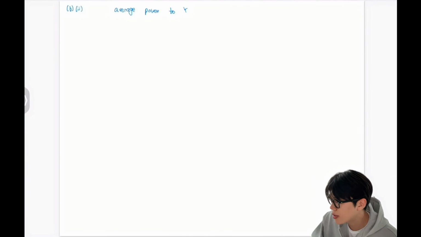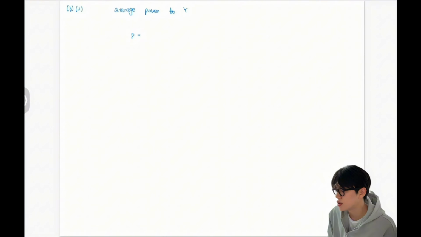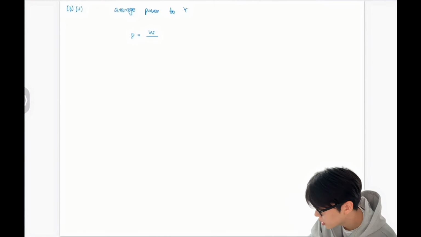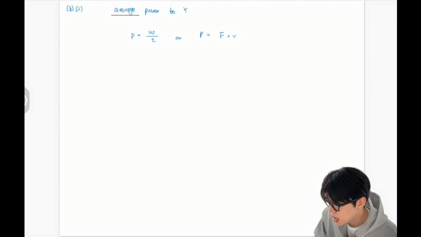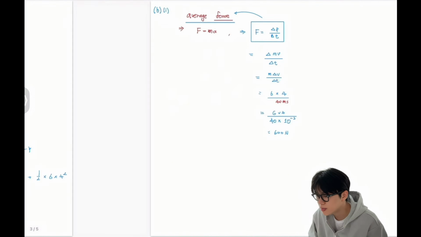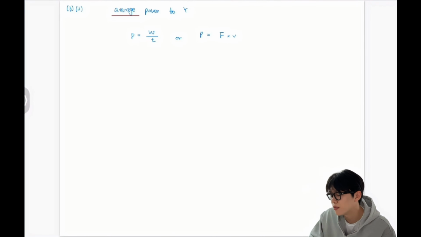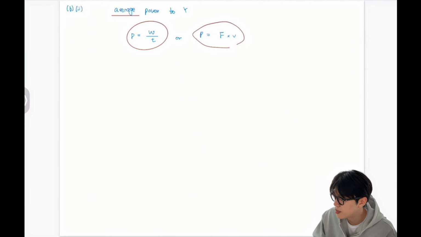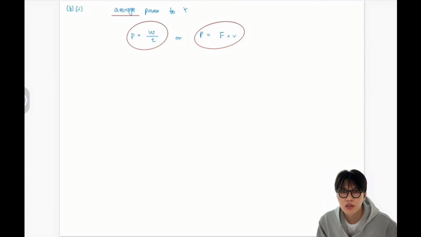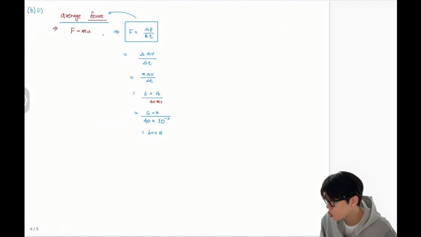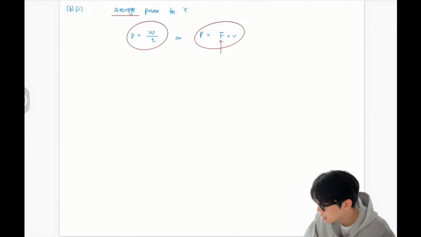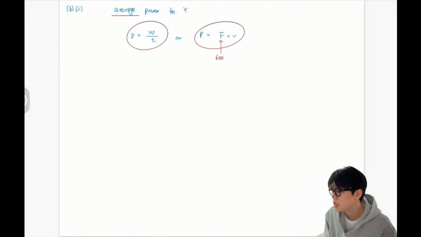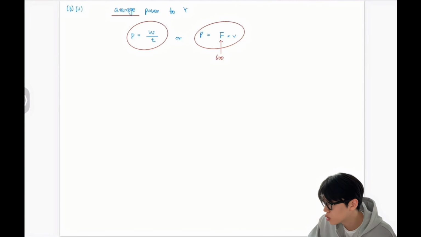If you think about the power equation, we have two equations to consider: work done over time, or power equals force times velocity V. In this case, we need to calculate average power, so I have to decide whether to use W over T or F times V. But in question B1, we calculated the average force, which is 600 newtons. So now we have the force, 600 newtons, so it's more likely to use the second equation, okay?